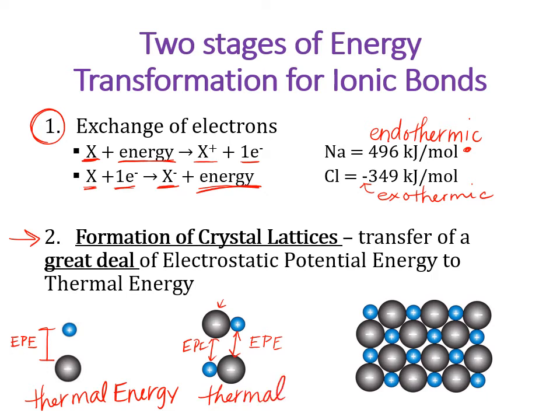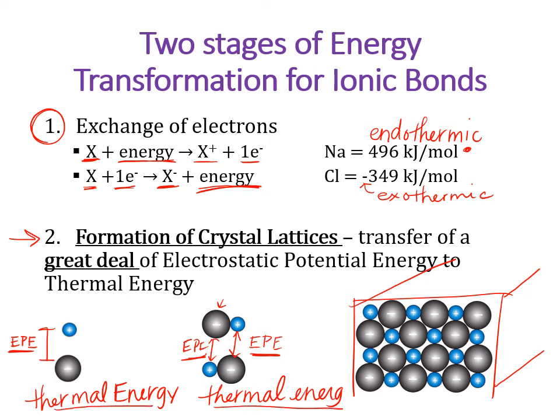And if you multiply that by a lot, you get the crystal lattice formed. So there's a lot of electrostatic potential energy that is being transformed into thermal energy. So it's not just about forming the NaCl, it's about forming NaCls in a nice pattern in a very structured crystal lattice.